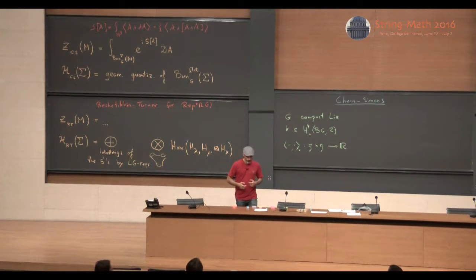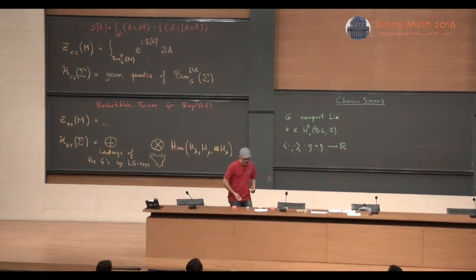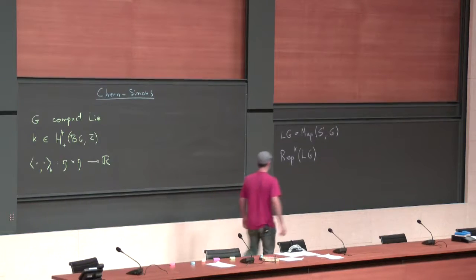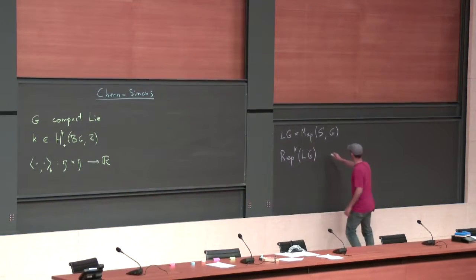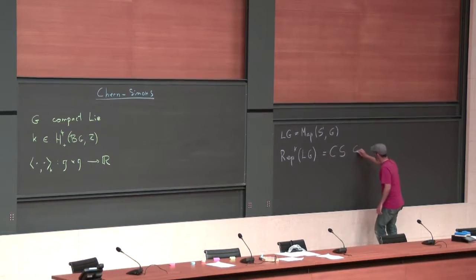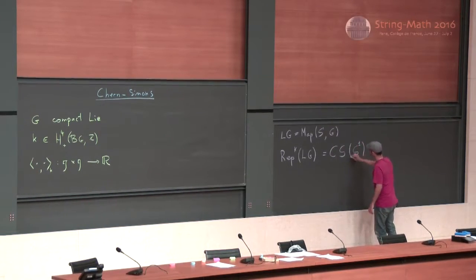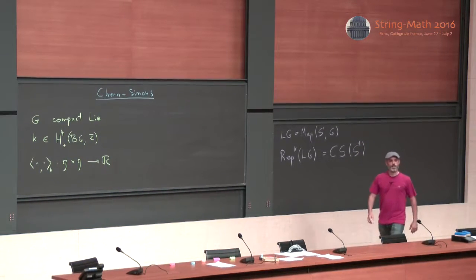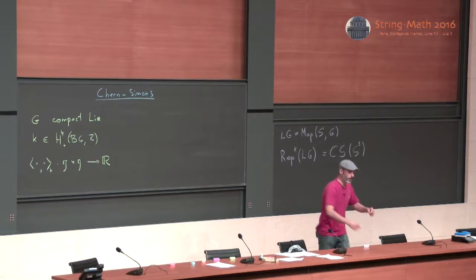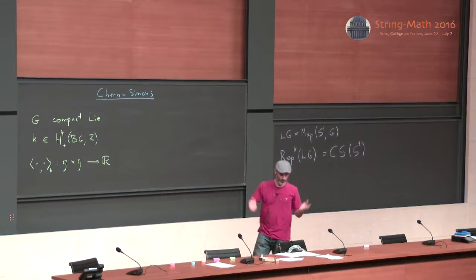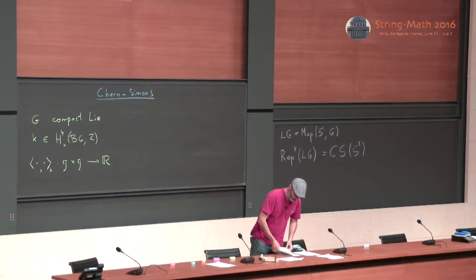From the mathematical point of view, this category is the value of the theory on the circle. So I will just write it like that. This is Chern-Simons theory on the circle. And you should think of the circle as being transverse to the Wilson line. If the Wilson line is going like that, then the circle is sort of wrapping around, whether that helps or not.